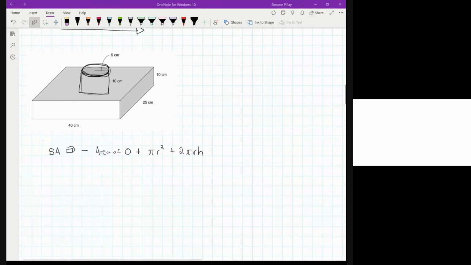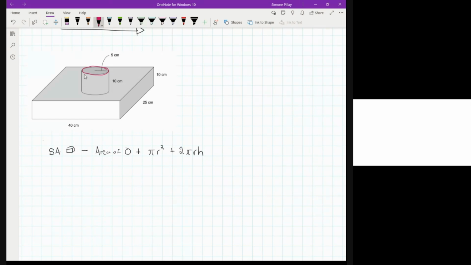Remember, initially we're still calculating surface area. So do you agree that this circle on the top of my cylinder would form part of my surface area? No, I don't really get why, ma'am.